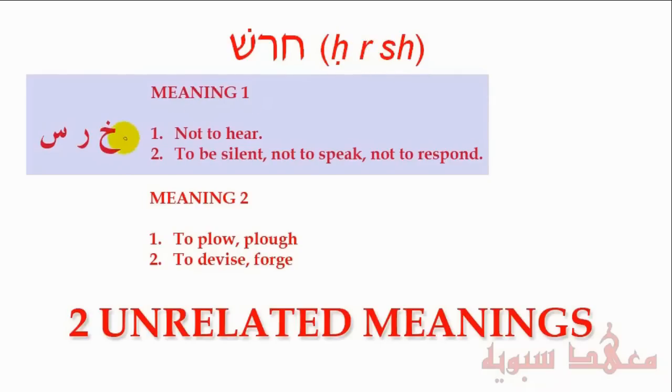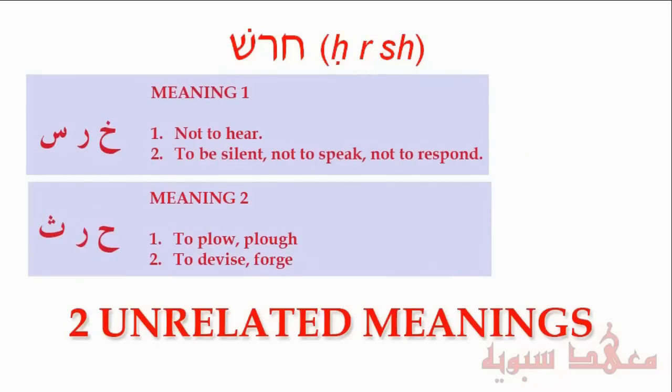So we have the kha as well, the ra, the same sound, and we have sin, and here we have the sh sound, which is similar. Now with the second meaning, we have another root in Arabic, which is haratha, and this root has this particular meaning. So we have two distinct roots in the Arabic language.